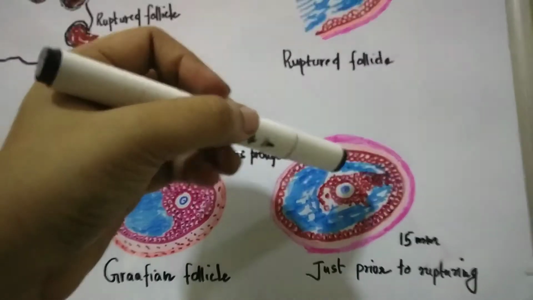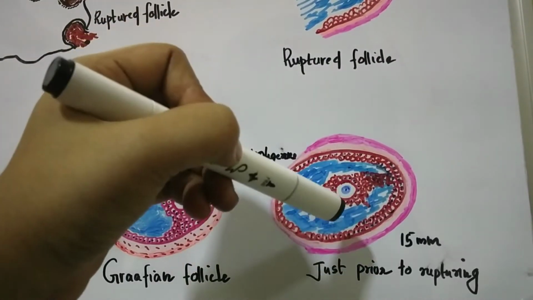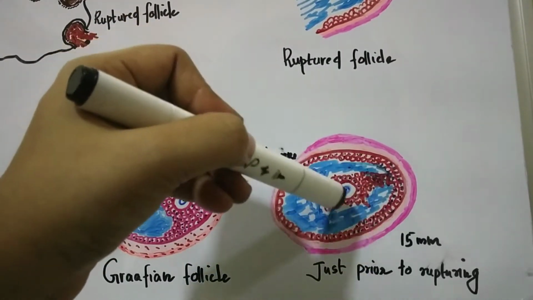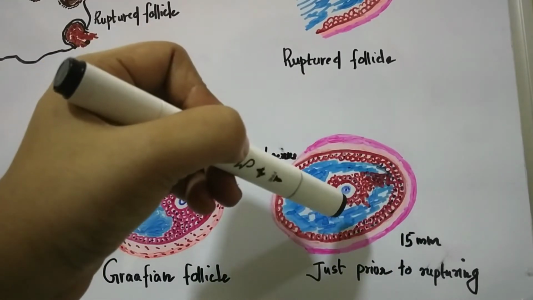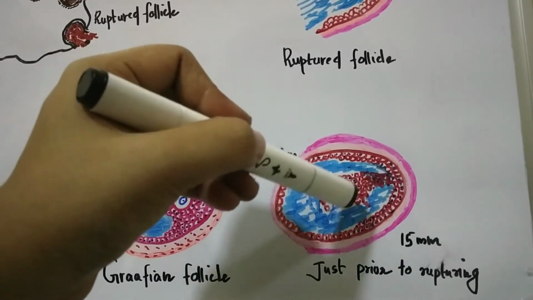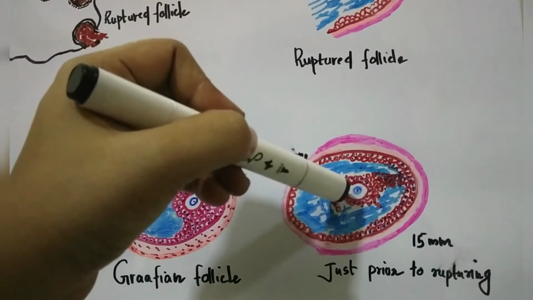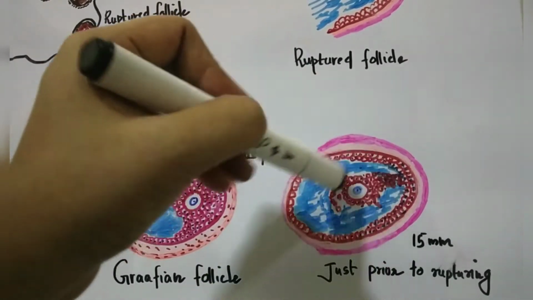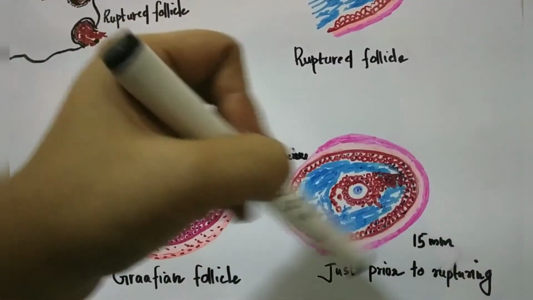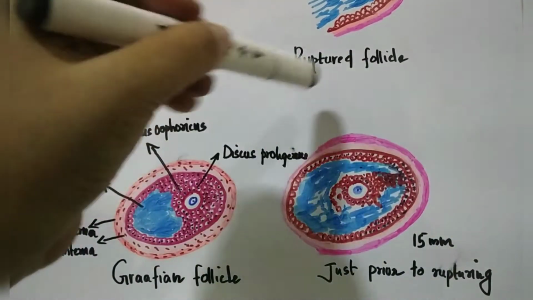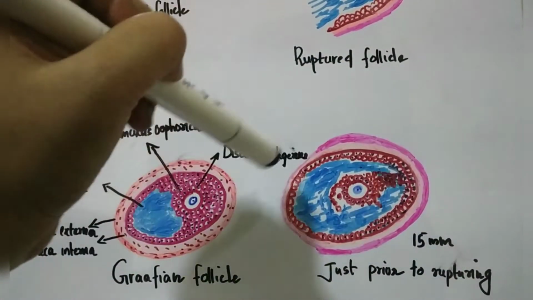Just prior to the rupturing, the primary oocyte completes the first meiotic division and starts the second meiotic division, and it gets arrested in the metaphase of the second meiotic division. So these are the changes that occur to the Graafian follicle just prior to ovulation.